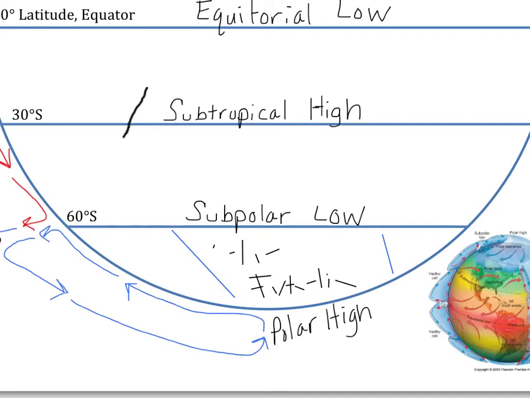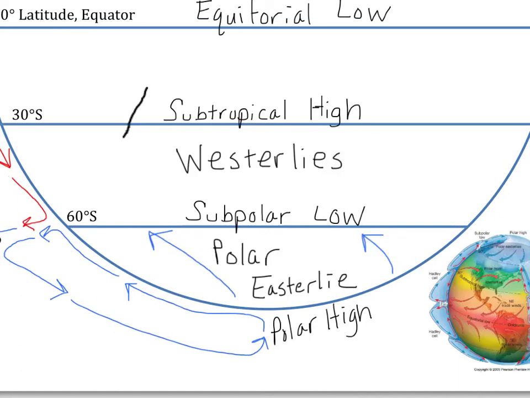And here in the mid-latitude regions, we have what are called westerlies. These are somewhat warm. Again, they're going to diverge from the high and head towards the low. And they're westerly, so they're coming from the west.